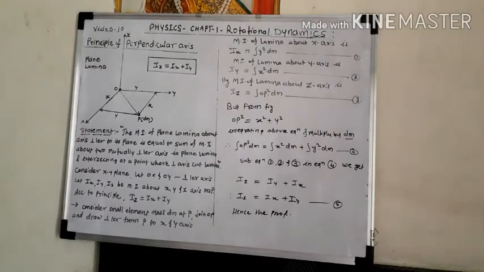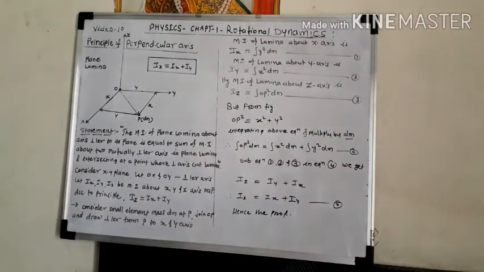Then we write the MI of the lamina about the x, y and z axes respectively, so that the moment of inertia of the plane lamina about the x axis is given by.